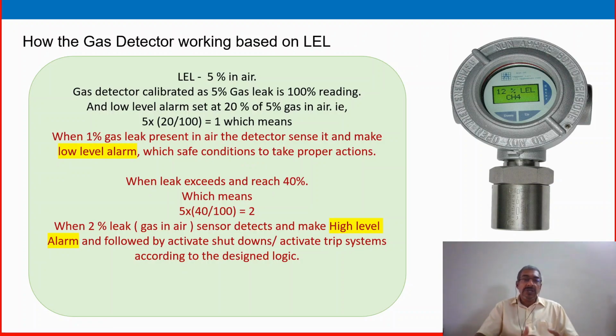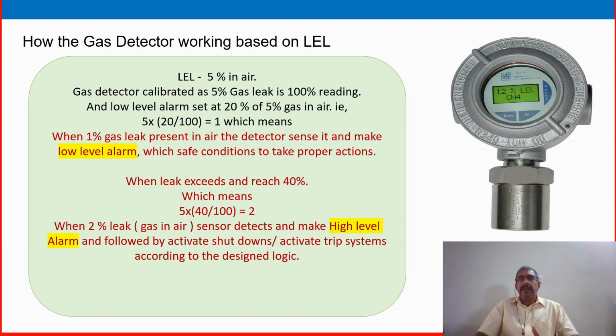That is a much safer level of LEL. When a 1% gas leak is present in air, the detector senses it and makes a low level alarm, which is a safe condition to take proper action. The low level alarm is annunciating and only making sound, alerting the operators and other personnel to take proper action.